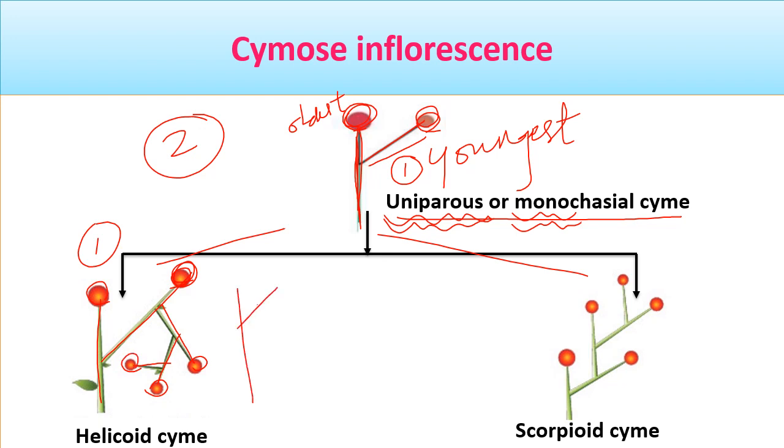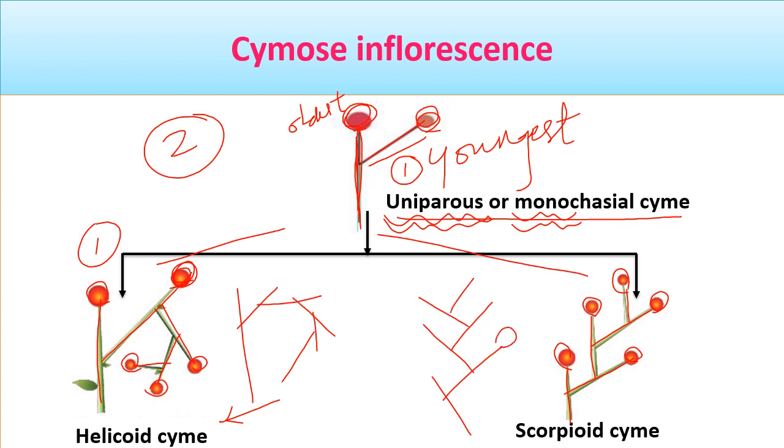So this kind of arrangement is one-sided, and this is named helicoid cyme. Here, one flower, laterally it has one more flower, laterally one more, and one more. If you look, this way, this way, this way, this is alternating, and this is called scorpioid cymose inflorescence.